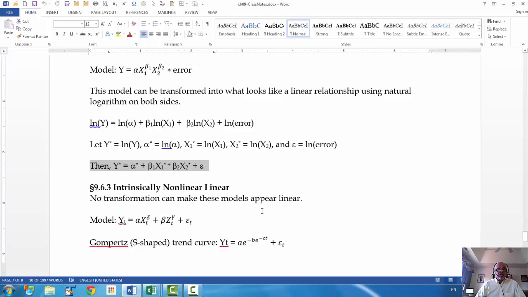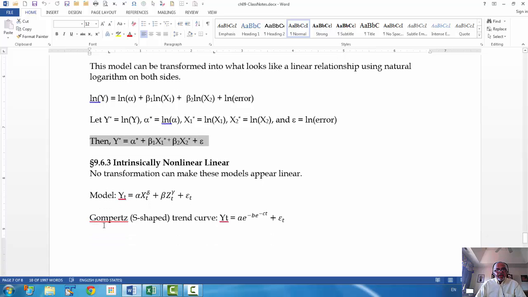This model simply cannot be transformed into a linear model, and therefore we have to use Solver to find the estimates for alpha, beta, delta, and gamma. We already looked at an example of how to use Solver in the previous videos, so we'll use a similar approach here.